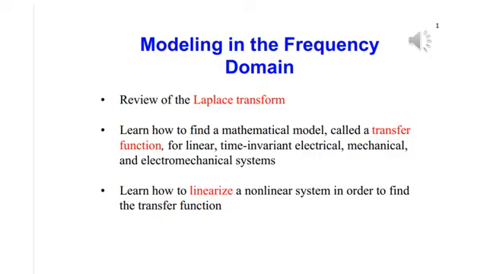It's always assumed in this course that the system under discussion is a linear system, and it is also a time invariant system. For nonlinear systems, we have to linearize them first, and then apply the Laplace or inverse Laplace transforms. Because the Laplace transform is a linear function, it will only be applied on linear systems, and similarly time variant systems will not be dealt with in this course.